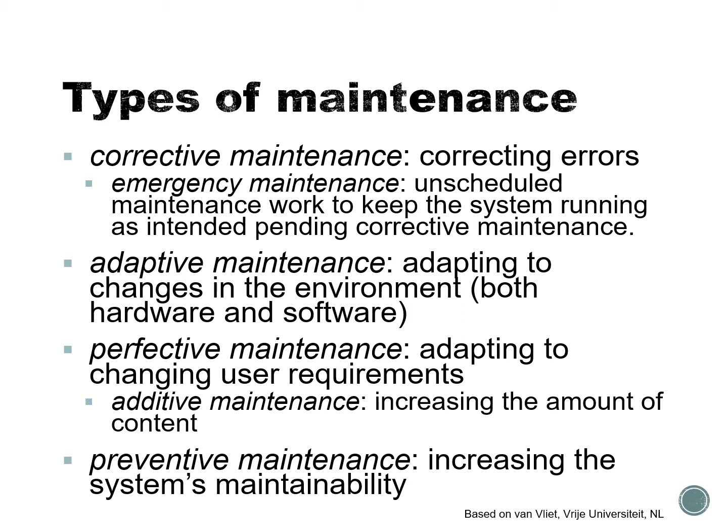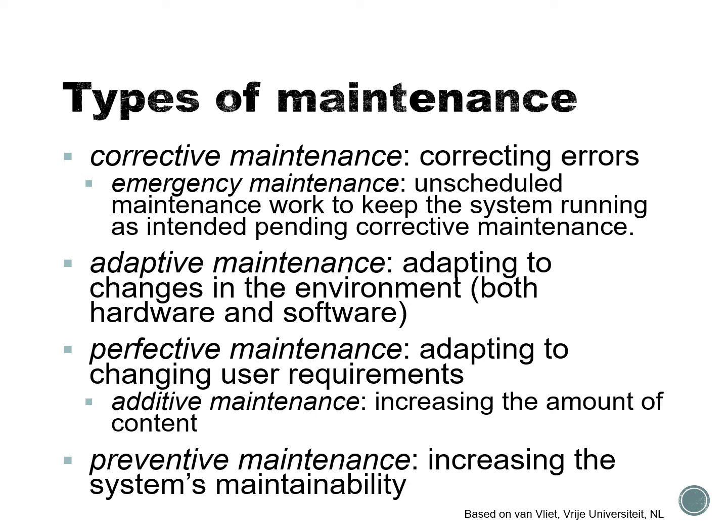There's also additive maintenance, which is more or less increasing the amount of content, meaning that you add more movies, music, levels, whatever, or more things you can do. Or if we are adding more features for our users, it's also called perfective maintenance.